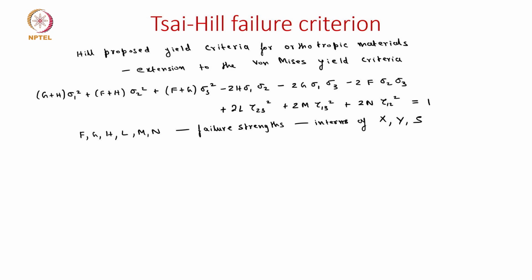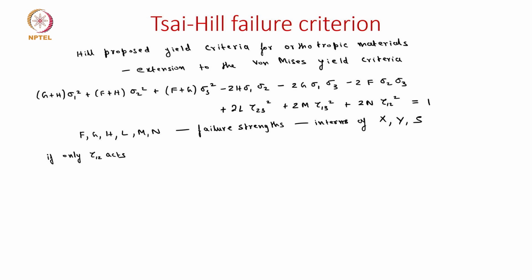So now let's see if the loading is very simple, such that only tau12 acts, which means that other than tau12 there are no other stresses, all other stresses go to 0.